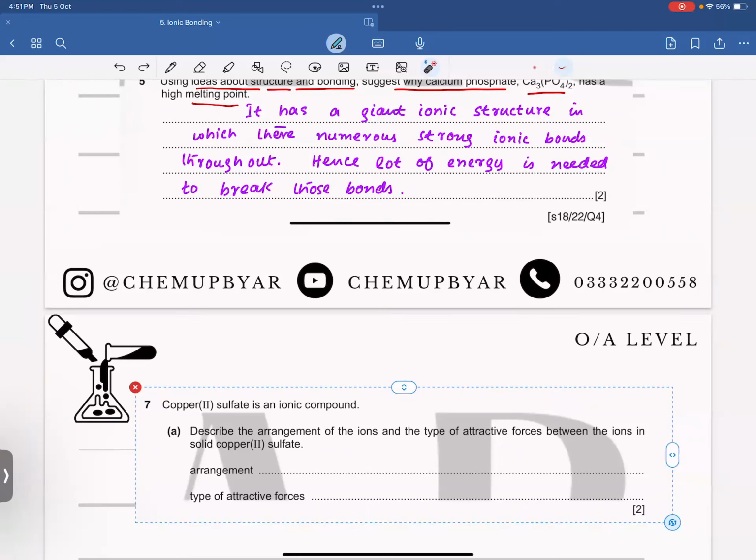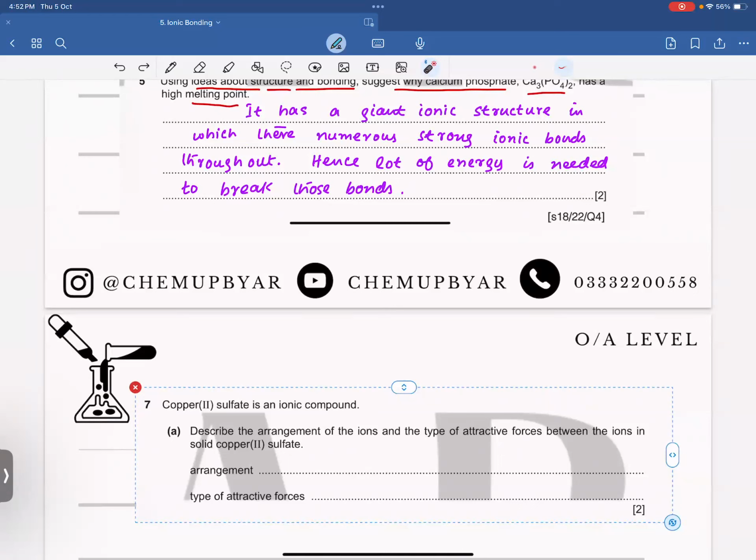Yes. Copper 2 plus and sulfate minus. No, but they are asking you the arrangement, right? You have written down what an ionic lattice is.